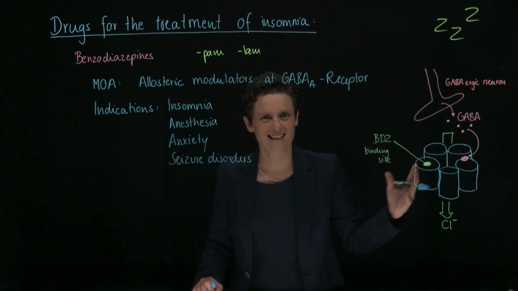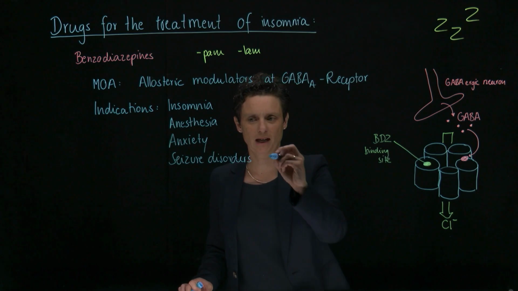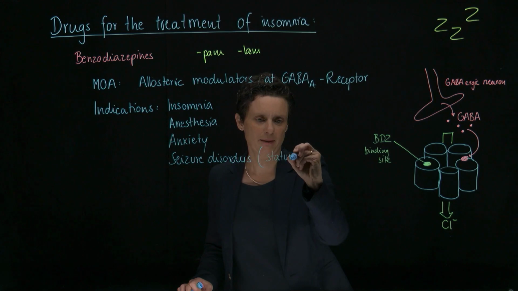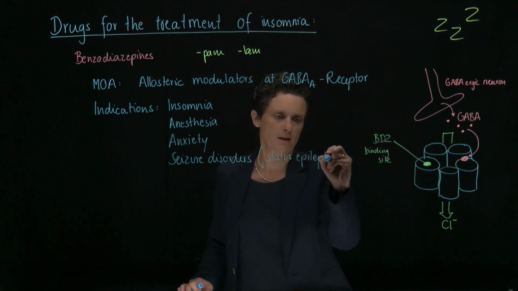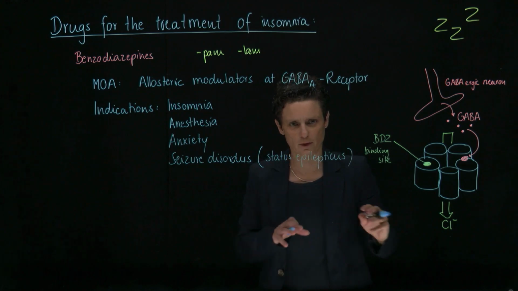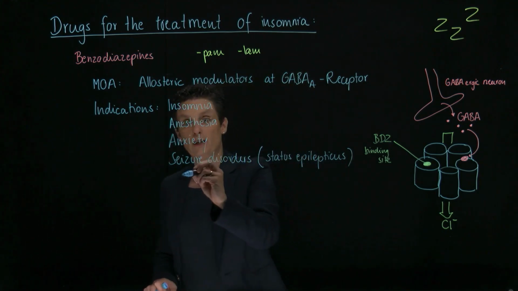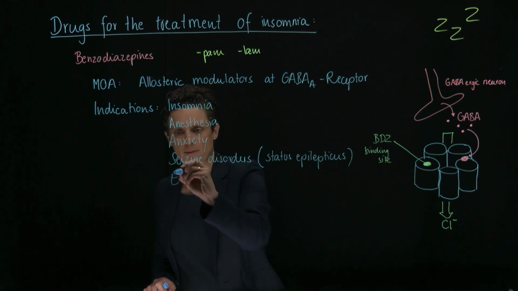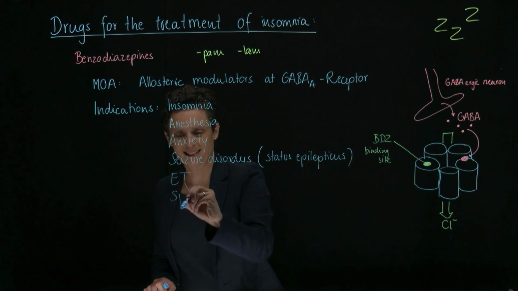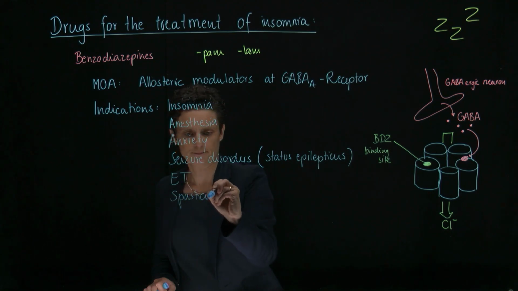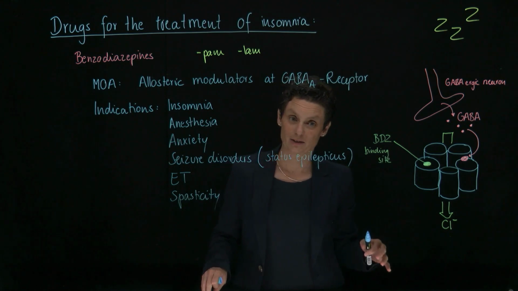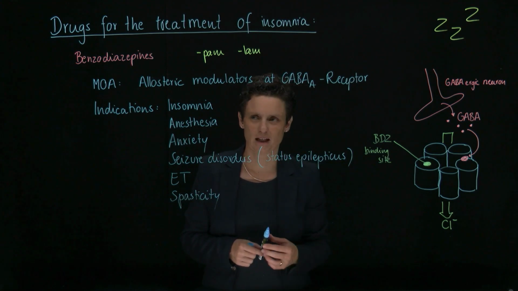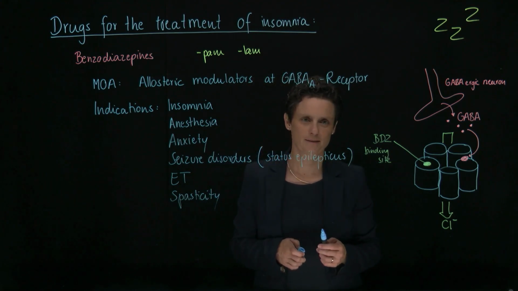So this is facilitating the major inhibitory neurotransmitter GABA. It's particularly used for status epilepticus, a seizure activity that goes on for a longer period of time. Then we can use it for its spasmolytic activity in essential tremor, and also for spasticity. That's less well understood. But again, it's going to come up all the time, many indications for benzodiazepines.